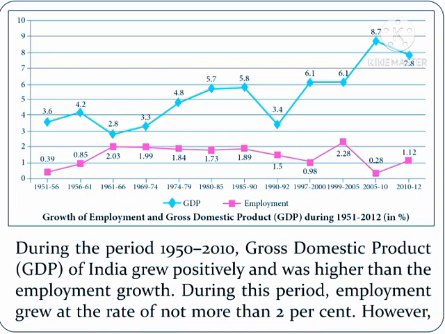So during the period of 1950 to 2010, the gross domestic product of India grew positively and was higher than the employment growth. And during this period, employment grew at the rate of not more than 2%.